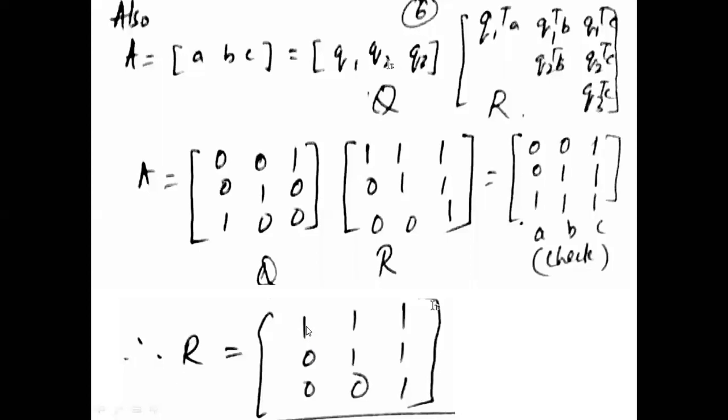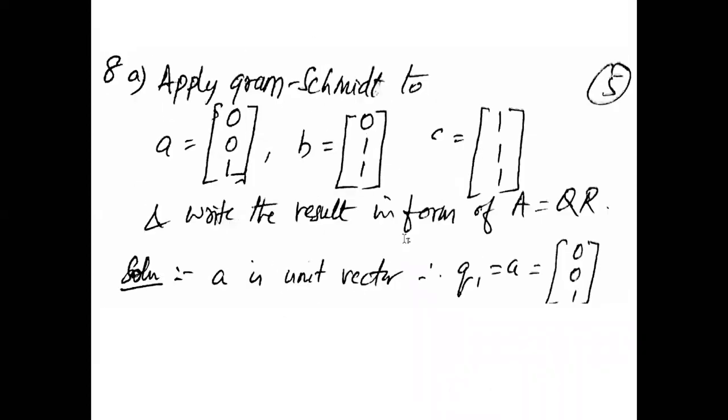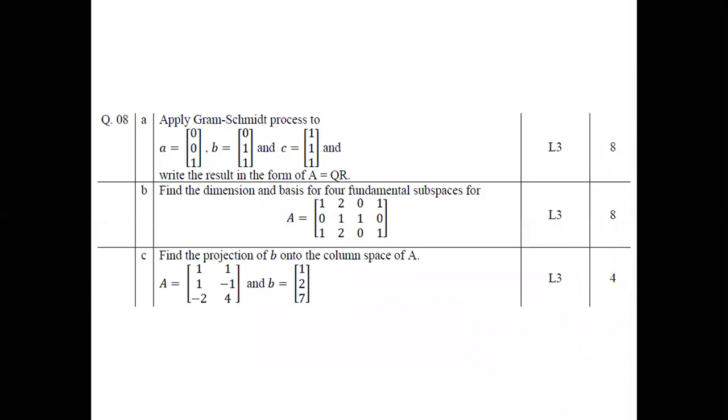You can see that the main diagonal has elements, and all the contents below the main diagonal are 0. So please remember, the R matrix is supposed to be an upper triangular matrix. So this was the first question in 8A. 8B is asking us to find the dimension and basis for the 4 fundamental subspaces, and the matrix A is given to us.